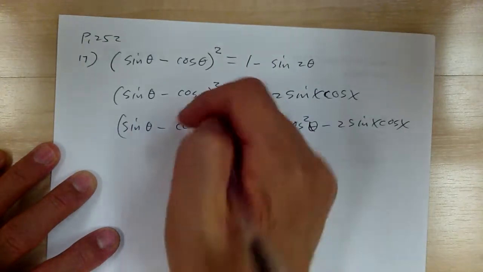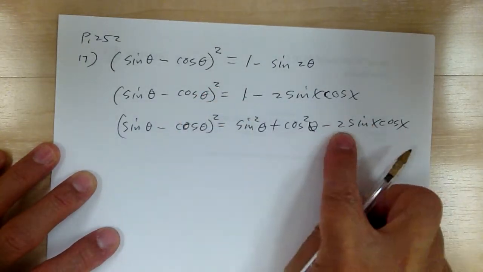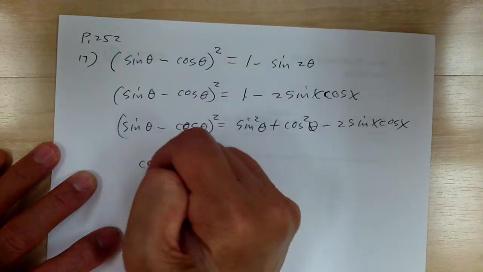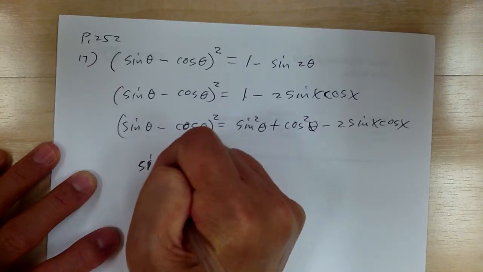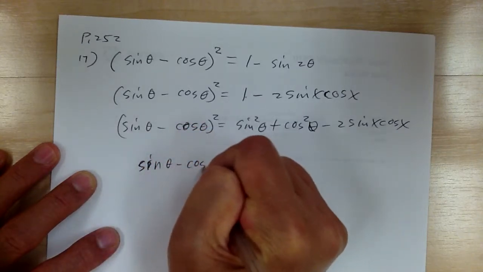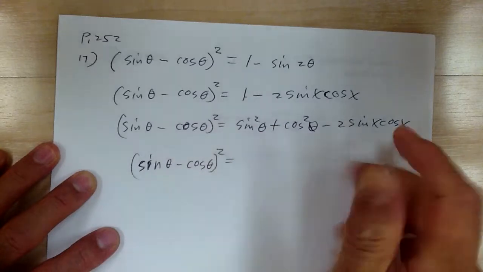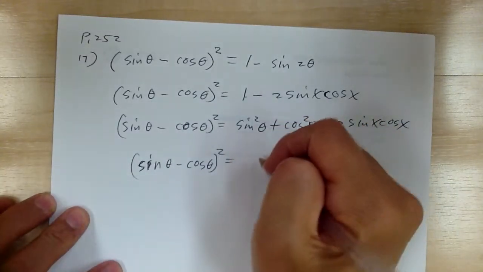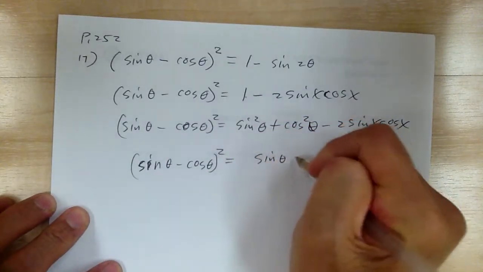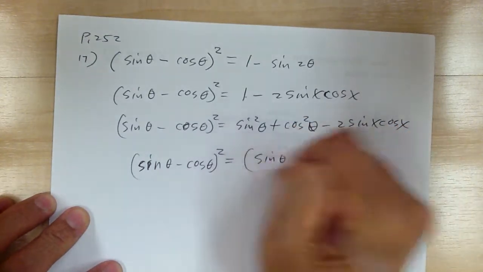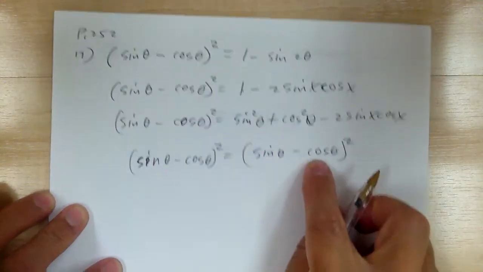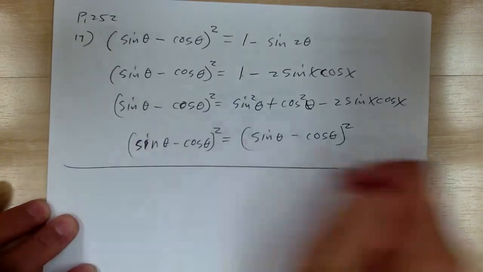Okay, and then when you factor, this is your perfect square, so it's equal to that already. So again, this is your perfect square, so when you factor that, you get sine theta minus cosine theta squared. So again, this factors into that. So you need to know your factoring.